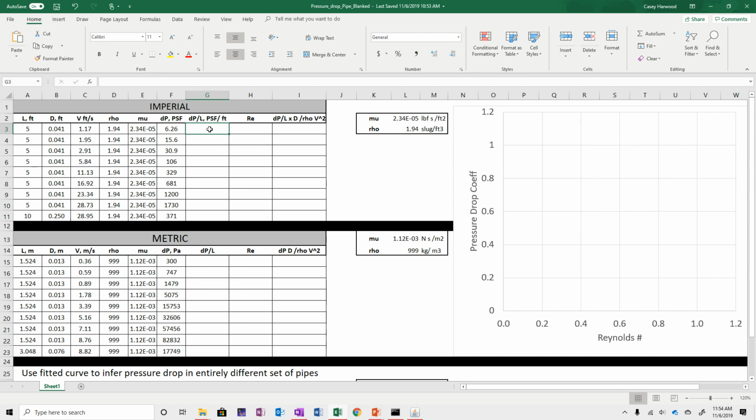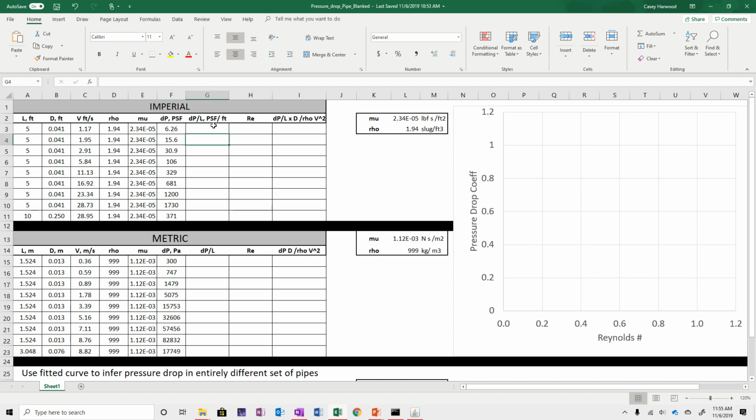So 5 foot length with that 10 foot length, different diameters, different velocities, the densities, the dynamic viscosities, and the measured pressure drops in pounds per square foot. I've also plugged them into a second table down here where they're all converted to metric, but the same quantities. So all the lengths are simply multiplied by 0.3048, and pressures to go from PSF to Pascal are multiplied by 47.88, et cetera.